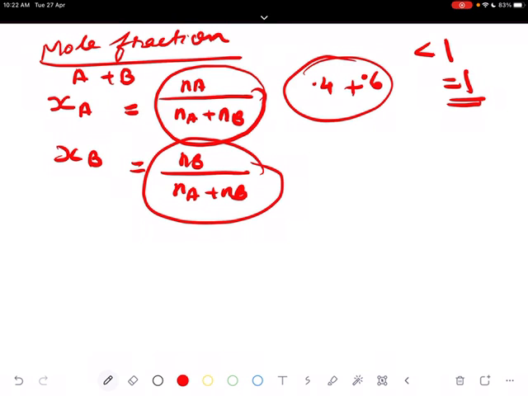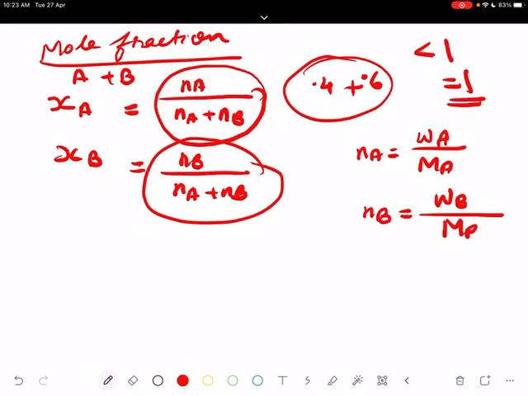Now what is Na? Na is equal to Wa upon its molar mass Ma. And Nb is Wb, weight of B, upon Mb, molar mass.